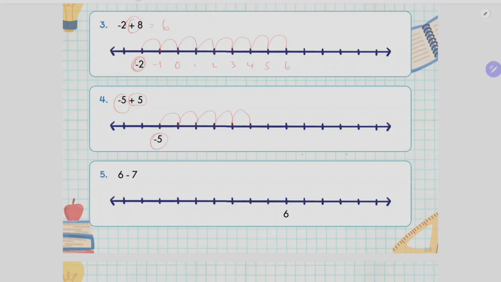We have to fill in the blanks. So it would be -4, -3, -2, -1, and it's 0. So that means we have -5 plus 5 equal to 0.